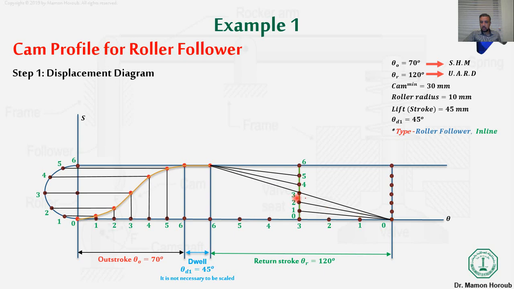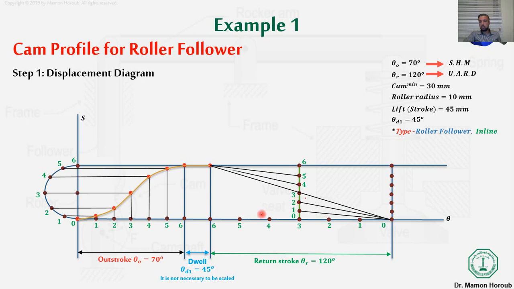If I just go back a little bit with it. I need to divide 6 points on the theta axis, and another 6 points for the green line. I will connect the middle line 3 from 0 until 3 until 6 with the circle, and those upper points will be connected from the last point until the 4, 5, and 6, and on the right side from 0 to 1 to 2 to 3.